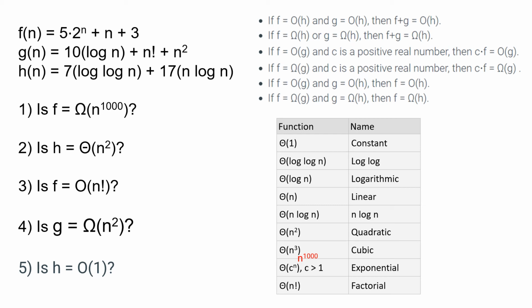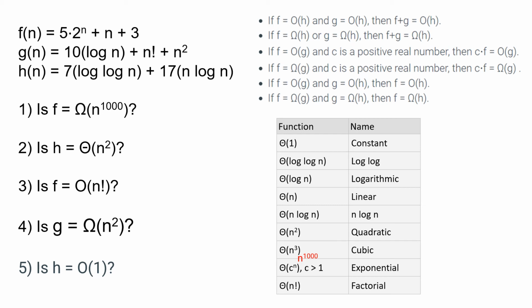But we've got these three terms here, so we have to go and look at something over here on the right that has to do with omega, and recall the second one says if we've got two functions f and g, and either f is omega of some other function or g is omega of some other function, then f plus g will be omega of that function.